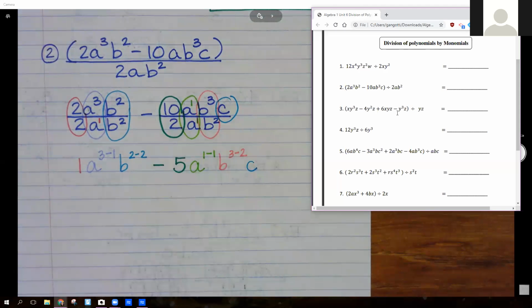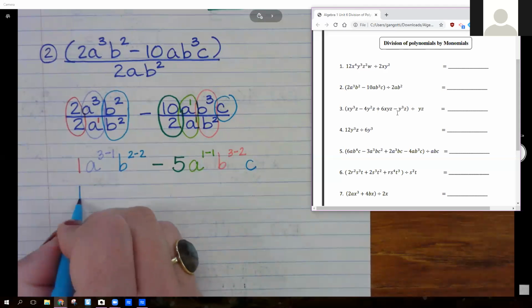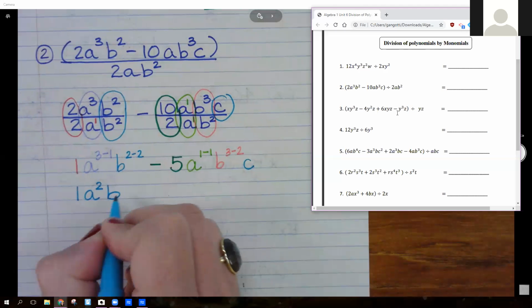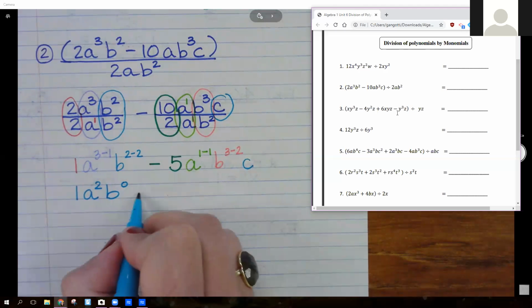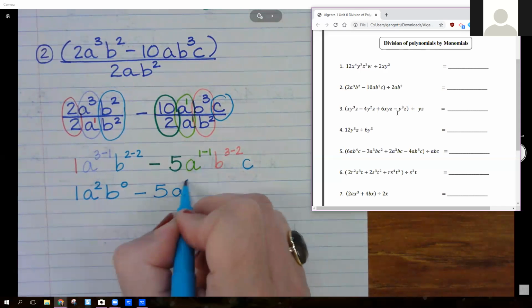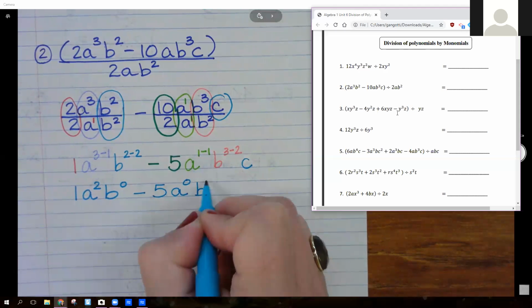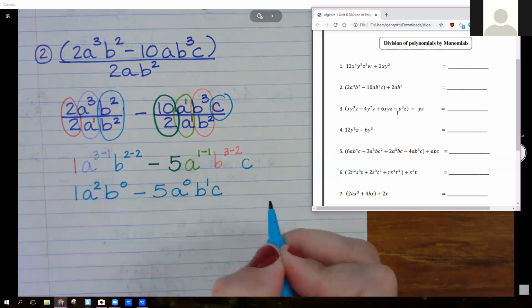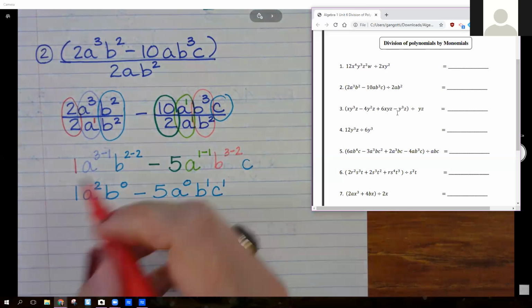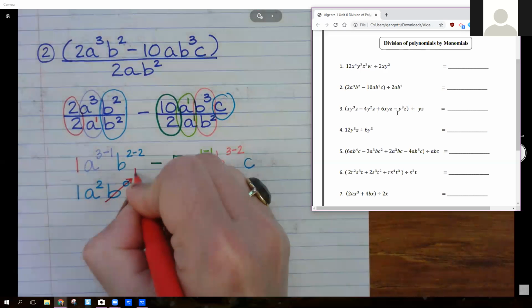Okay. And then we simplify. So this will be 1a squared b to the 0 minus 5a to the 0 b to the first c, which is technically c to the first also. Anything that has a 0 exponent becomes a 1. So this b to 0, that is going to turn into a 1.